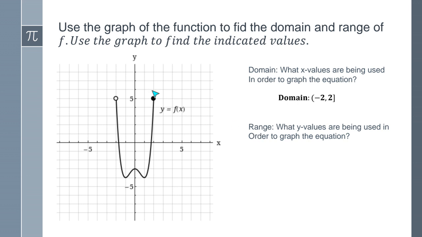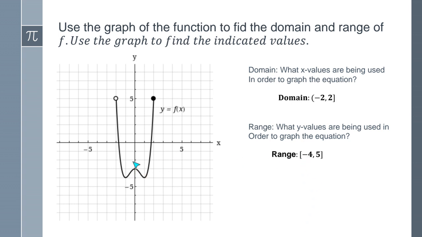Now for the range, we're looking at the y values. What y values are being used to create this graph? You always want to write down your smallest value first. So we start with the negative numbers. The first negative number being used to create this graph is -4. So we use a bracket, -4.